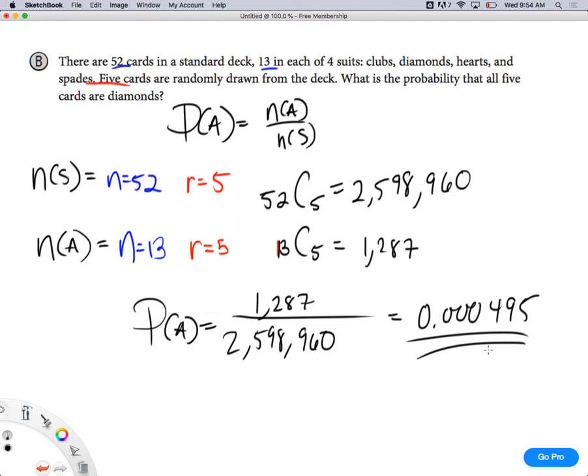Not for me. Or 1 out of every 2,000 hands, sorry. 1 out of every 2,000 hands. Draw 5 cards and you get a flush. I probably played like 50 games and I've gotten like 3, with only drawing 5 cards. That's 5 card stud. 5 card draw is when you discard cards. That's completely different. That makes the probability change a whole lot, right? Calculate that.